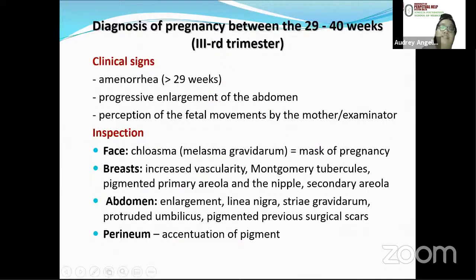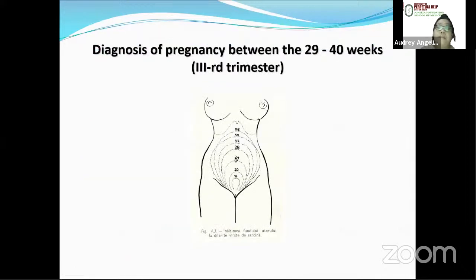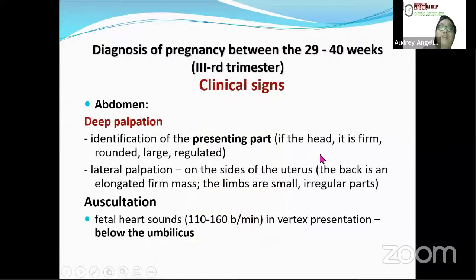Melasma, your breasts are still tender, abdomen is enlarged, you will still see your linea nigra, your perineum will be more pigmented, etc. Of course, essential in your second and third trimester physical examination would be, as mentioned, your Leopold's maneuver. Okay, you have to know when to estimate depending on the age of gestation, your fundic height, how it relates.